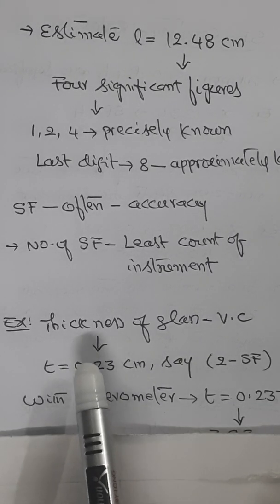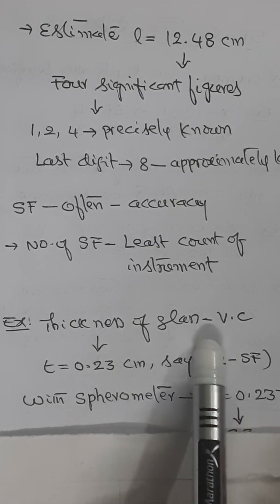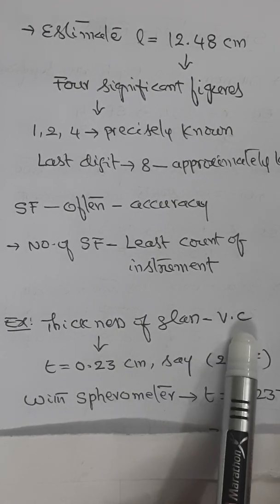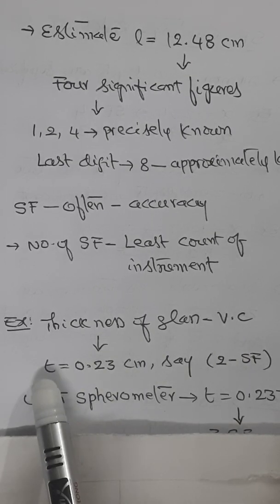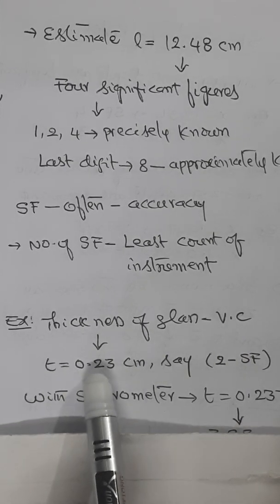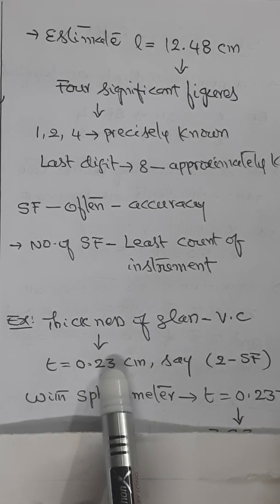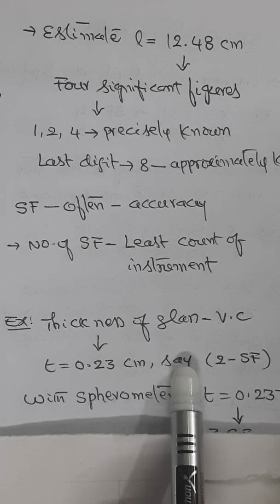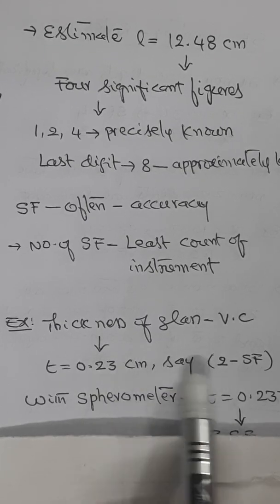For example, take this case. Suppose we are measuring the thickness of a glass plate using a vernier calipers. Using the vernier calipers, we found the thickness to be, let us say, 0.23. So in this, there are two significant figures.